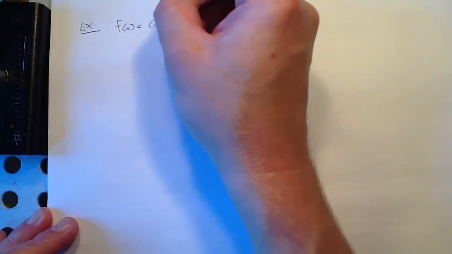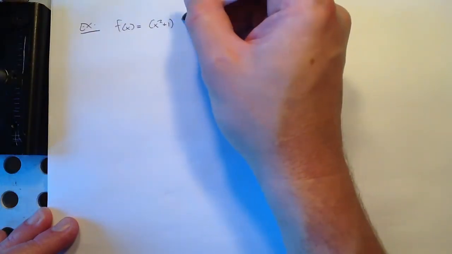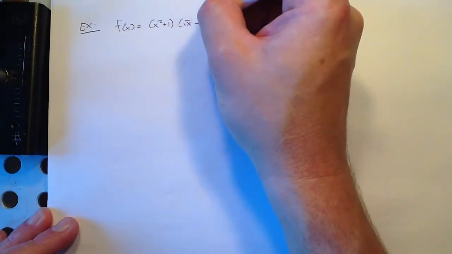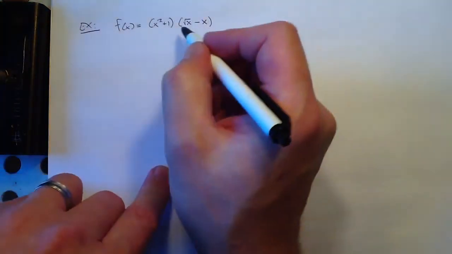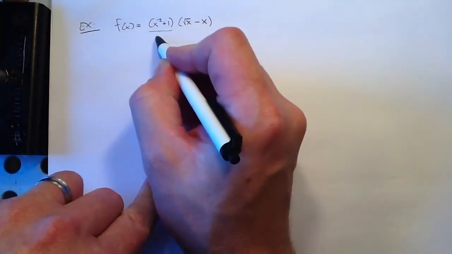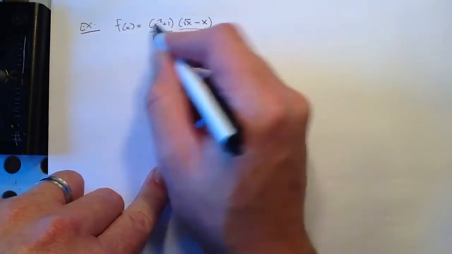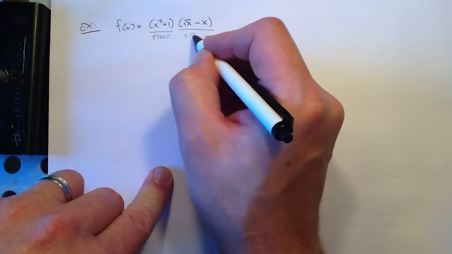So let's say we have f of x is equal to x squared plus 1 times the square root of x minus x. That's fine. Let's leave it like that. So if I treat this like the first function, and this one is like the second, this is like the product of two functions, right?